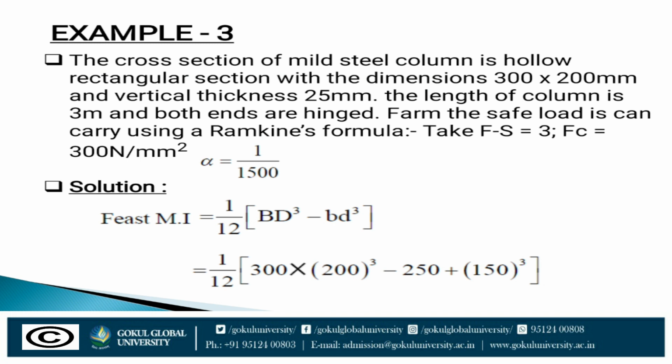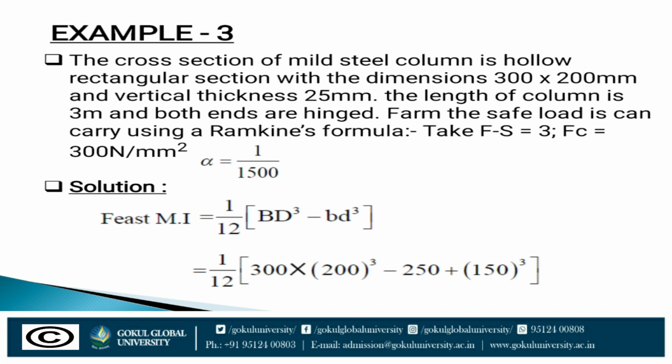The length of column is 3 meter. Both ends are hinged. Find the safe load it can carry using the Rankine formula. Take the factor of safety as 3, sigma C is equal to 300 Newton per mm square, alpha is equal to 1 divided by 1500.